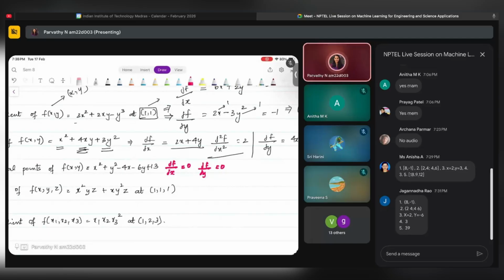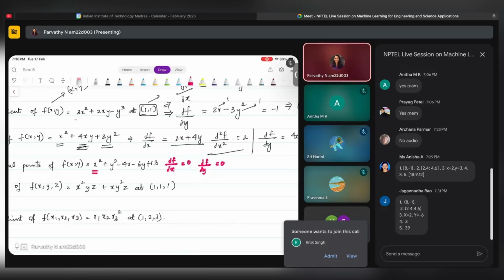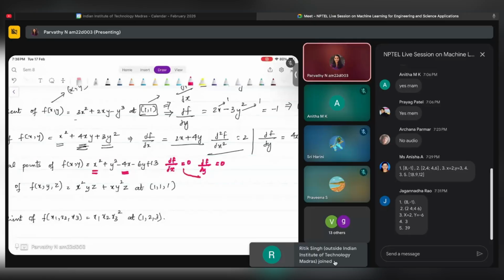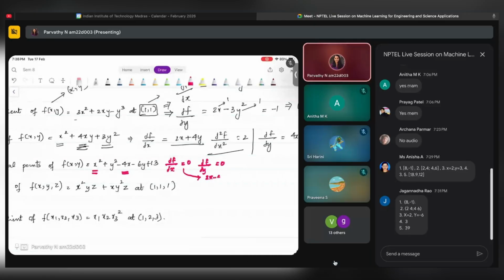So ∂f/∂x is 2x minus 4, so 2x minus 4 is equal to 0. And ∂f/∂y is 2y minus 6, equal to 0.